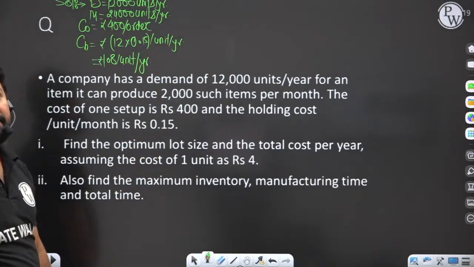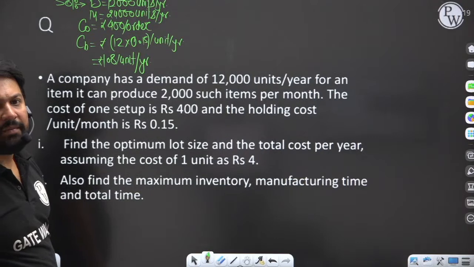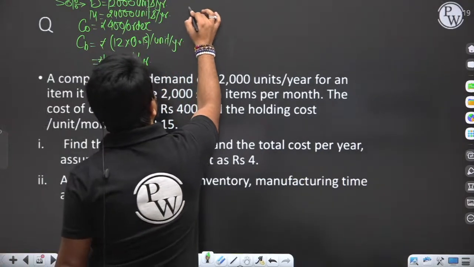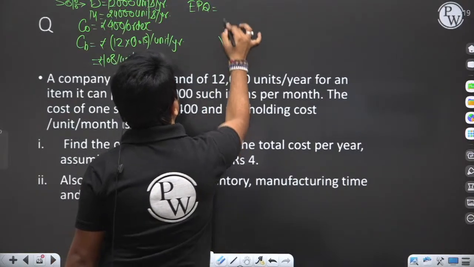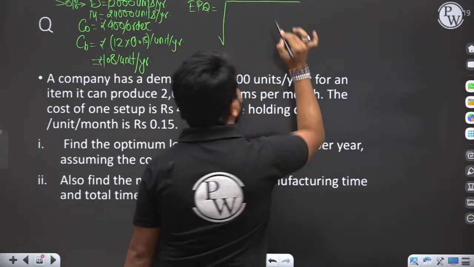Now economic production quantity. The formula is very simple.